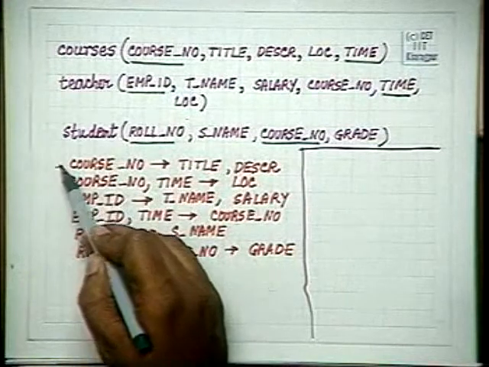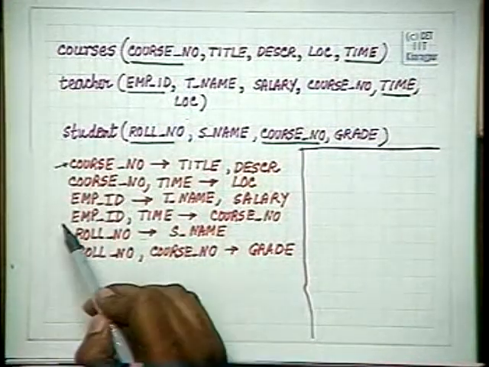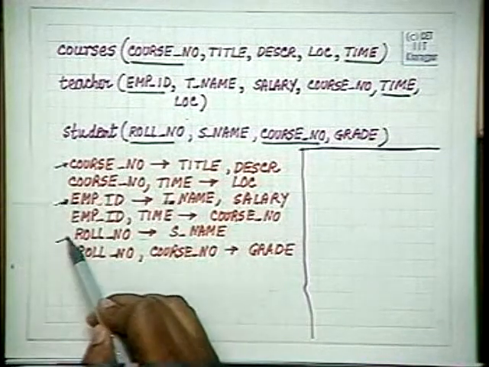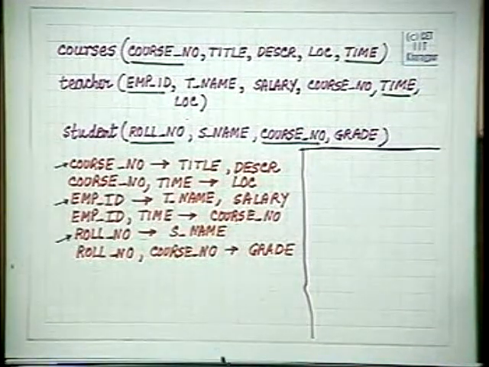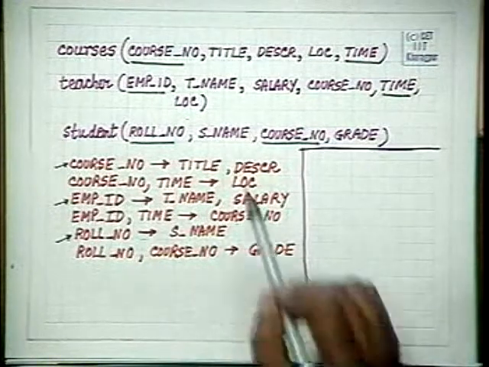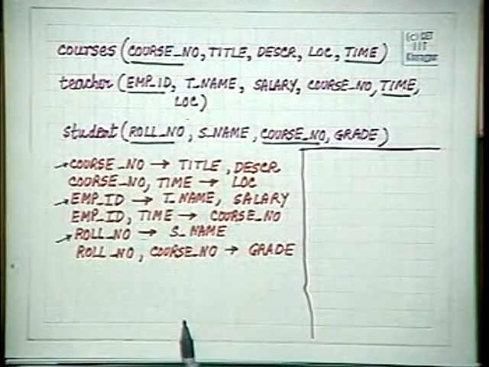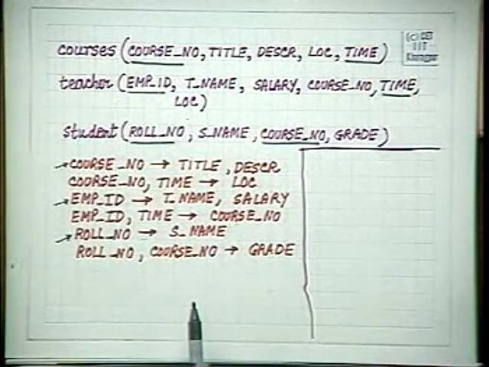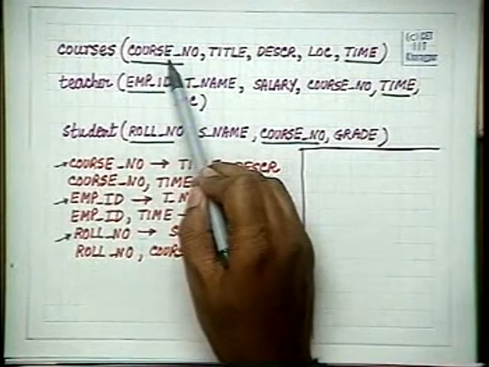Obviously, this one does not satisfy BCNF, this one does not satisfy BCNF, and this one does not satisfy BCNF. So, each of these three relation schemes which have been obtained, none of them satisfy BCNF, and that can be easily achieved by breaking this up into two.